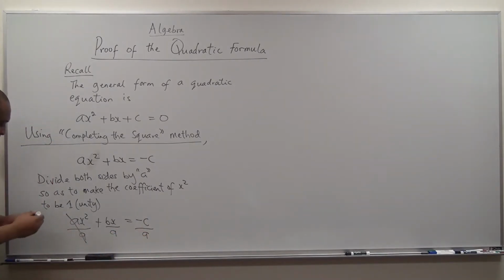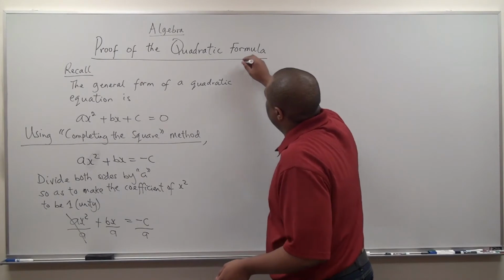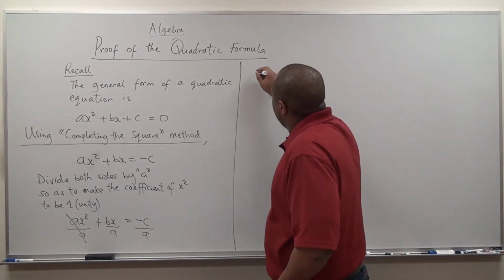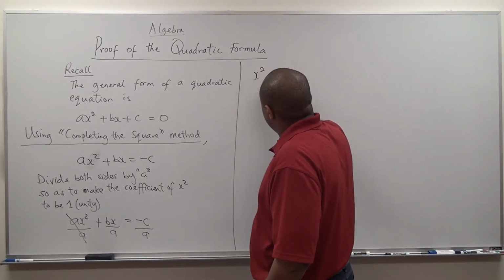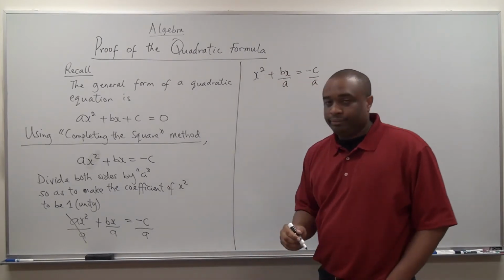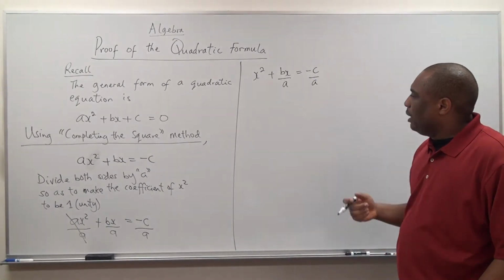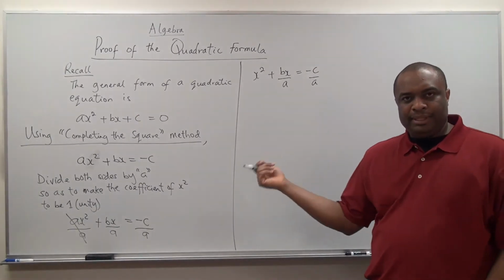And we cancel out the a. So we have x squared plus bx over a equal to negative c over a. Then we can apply the completing the square method.